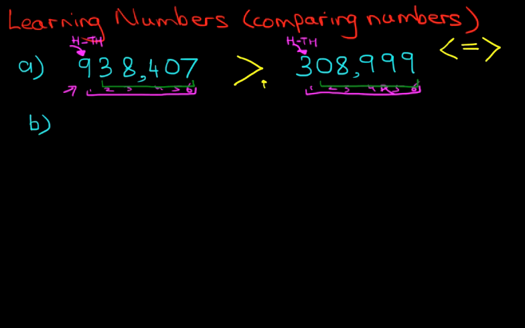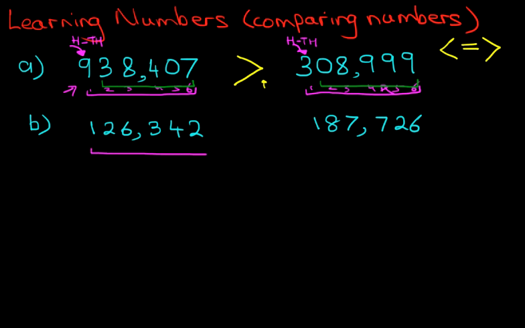We're now going to move on to our second example. This time we've got 126,342. On this side we have 187,726. Now again, count the digits first.